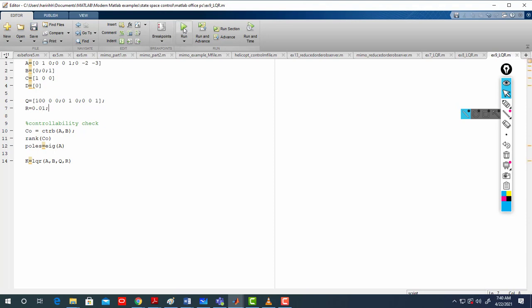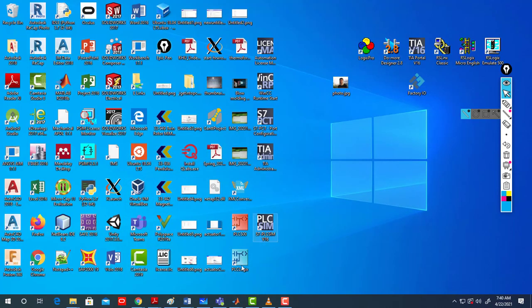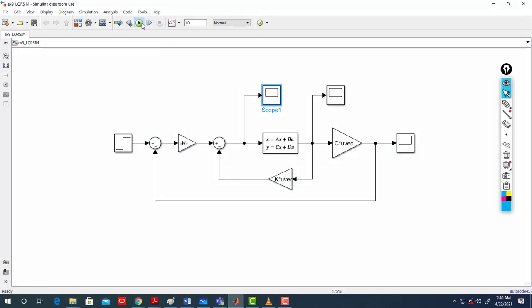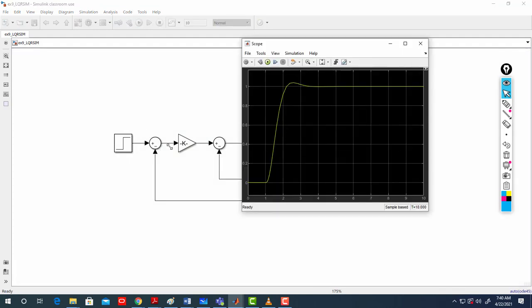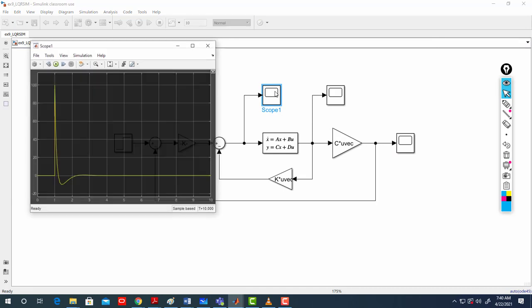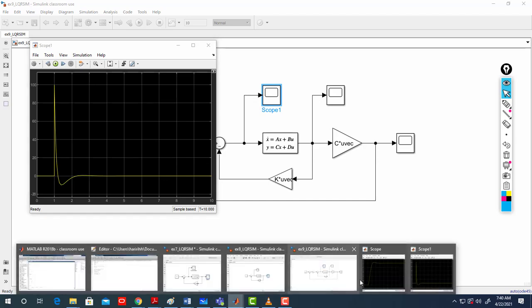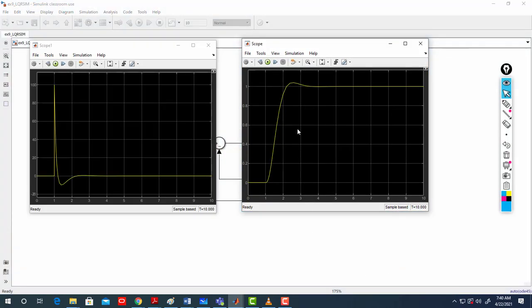So you have much lesser weight on the control effort, but you have more weight on the tracking performance. So you get even better tracking, you see, with more control effort, assuming your actuator cannot saturate and can provide this. So maybe you have a better response in that case.